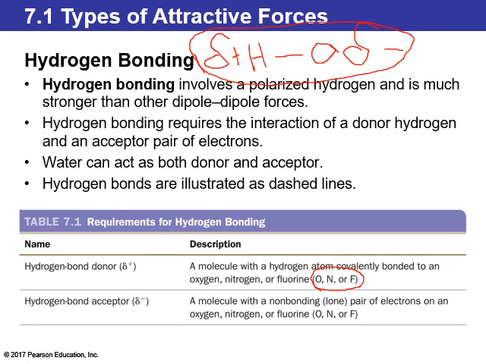That's what we call the hydrogen bond donor. It's going to donate the hydrogen. Our hydrogen bond acceptor then has to be a molecule containing oxygen, nitrogen, or fluorine with an available lone pair of electrons. So one of these, let's say oxygen, has two lone pairs.